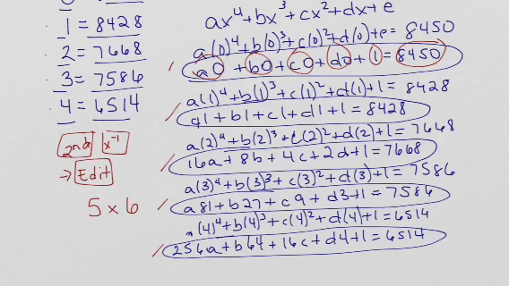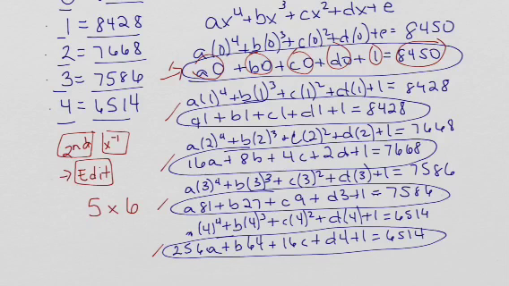Then it's going to highlight the first option for us in our matrix, and we're just going to type in all of the coefficients from our first equation, and then we're going to set that equal to 8450, which will be the last number we type in. So we're going to type in 0, enter, 0, enter, 0, enter, 0, enter, 1, enter, 8450, enter.